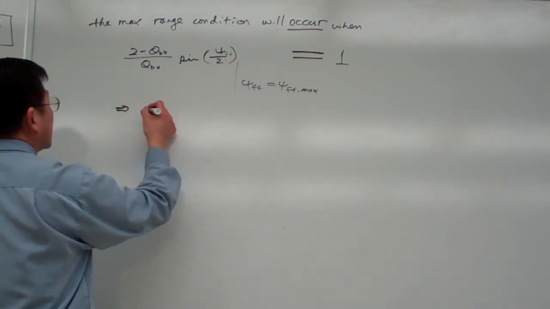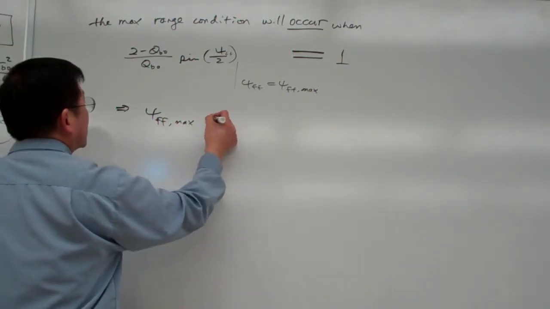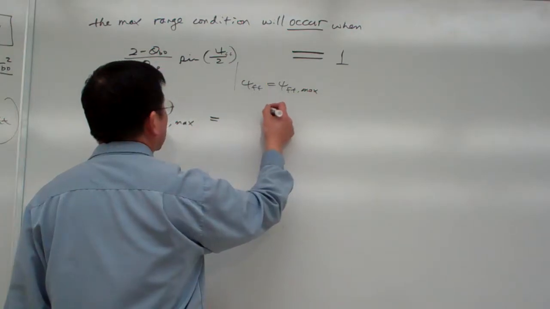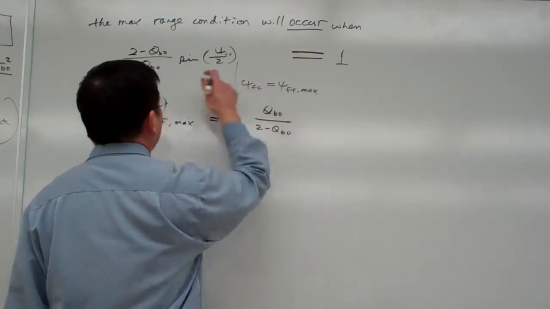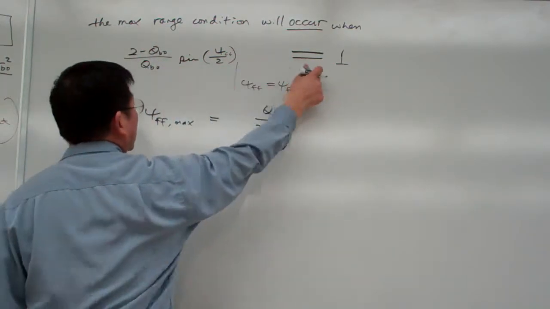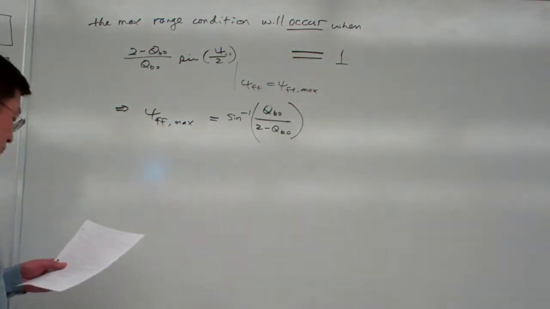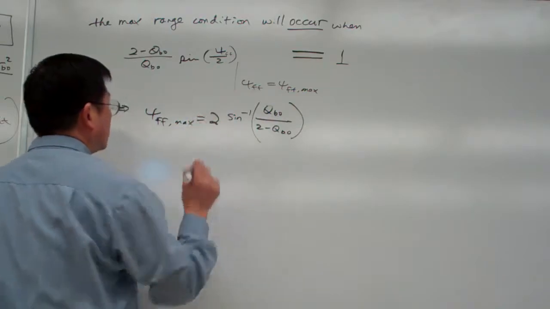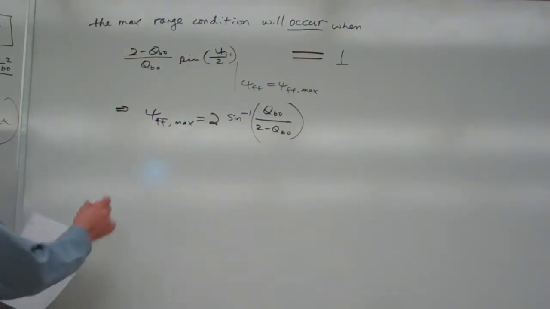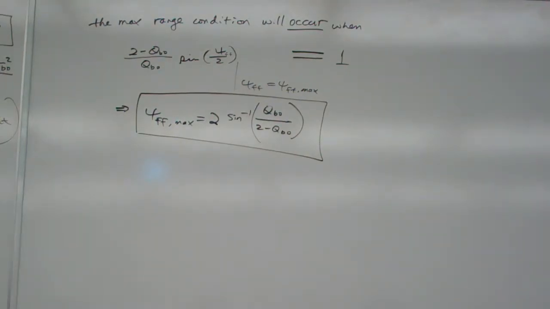From here we can see the maximum value equals QBO over 2 minus QBO, divided by this scalar, and we take arc sine and multiply by 2. So first we determine this value, then we can calculate this one.